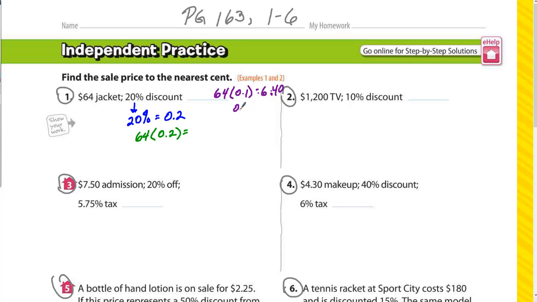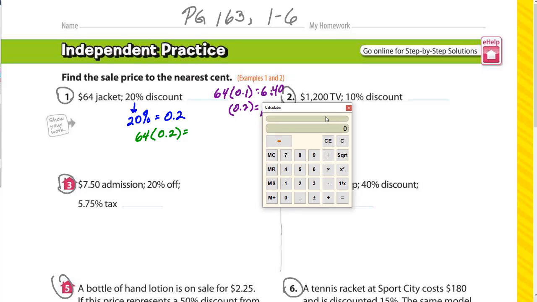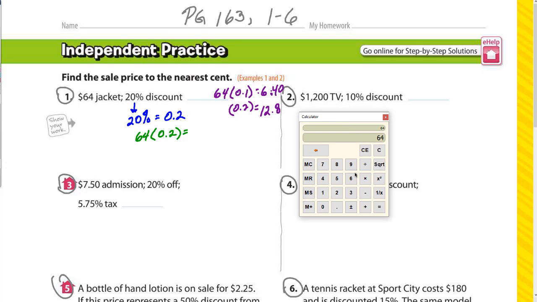So if I have 20% of 64, that's going to be $6.40 twice. That's $12.80. But let me grab my calculator and do it the calculator method. 64 times 0.2 equals, isn't that amazing? $12.80. So we are saving $12.80. That's our savings.